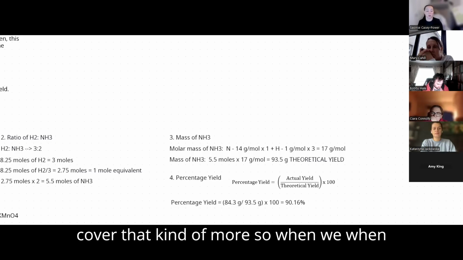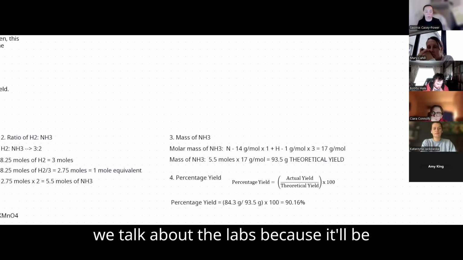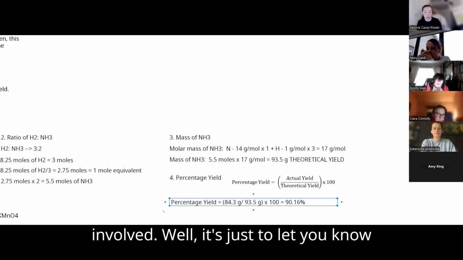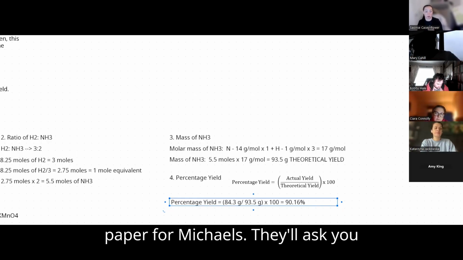We'll cover that more when we talk about the labs, because it will become clearer when we're actually doing an experiment where this is involved. But it's just to let you know that's typically how the exam paper format goes.